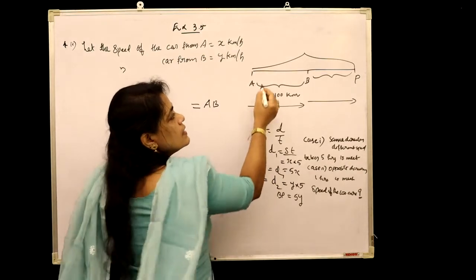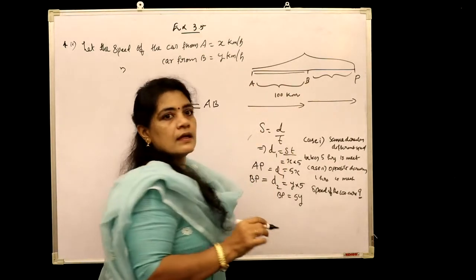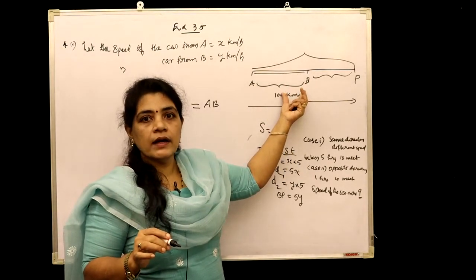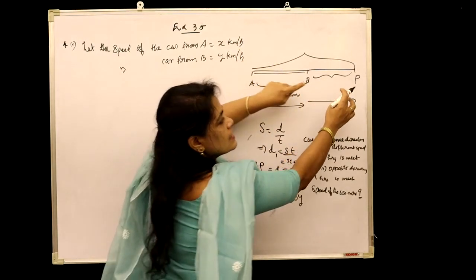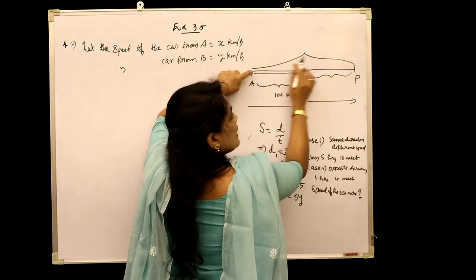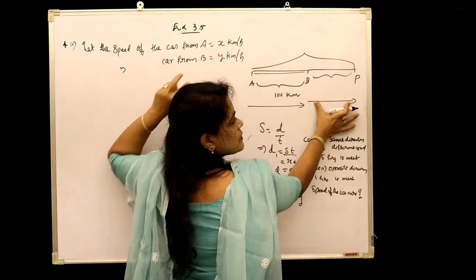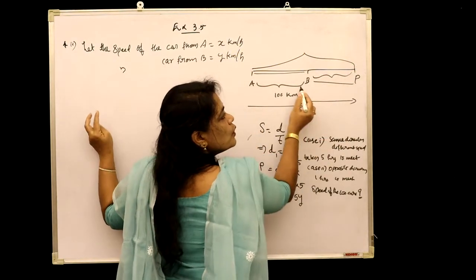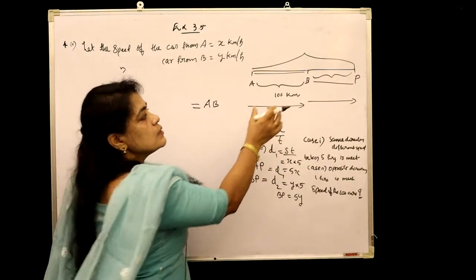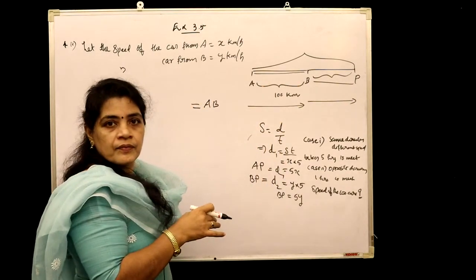See, children, this is AB. This AB is nothing but what you get when you subtract this BP from AP, from this AP, if you subtract this BP, you will get AB, this much distance.